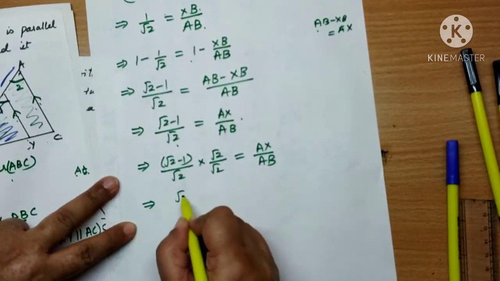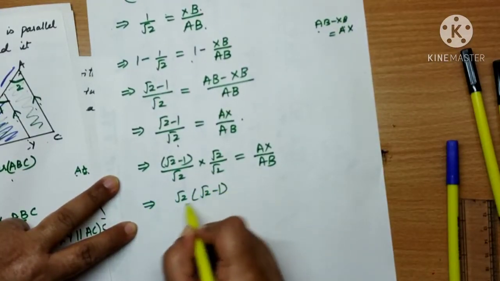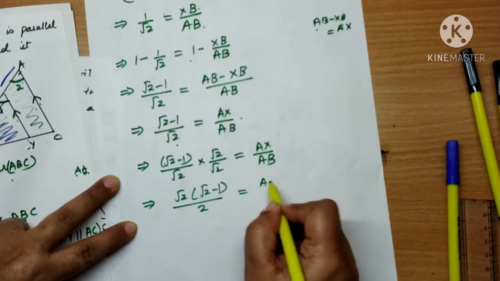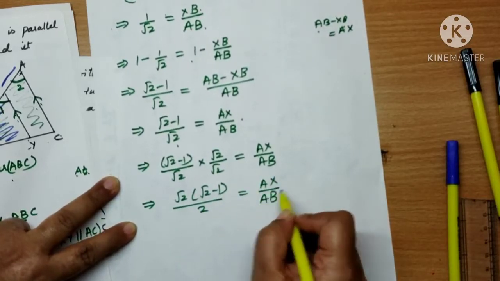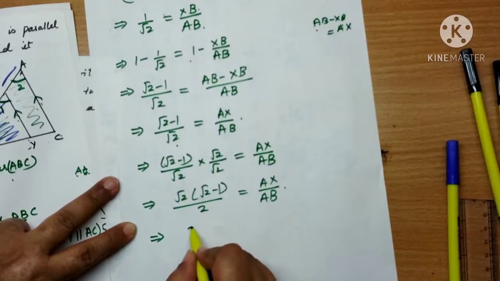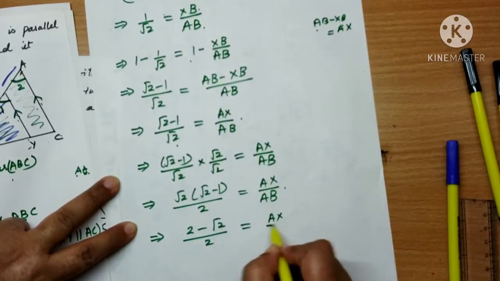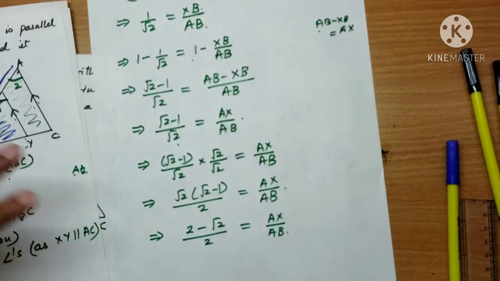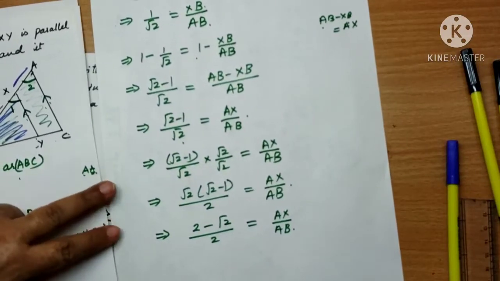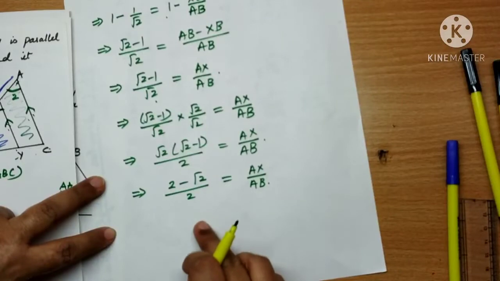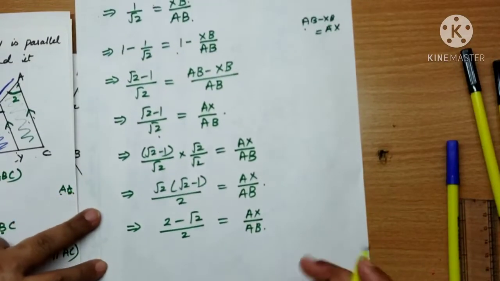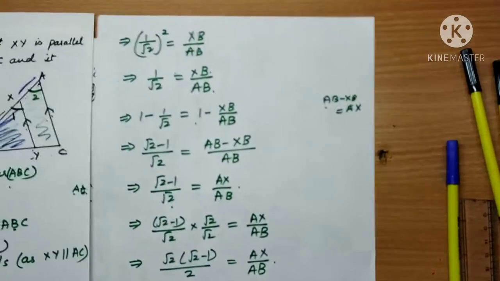So we have root 2 into root 2 minus 1 by 2 is equal to AX by AB. So I can write it as 2 minus root 2 by 2 as AX by AB. And if you want to further simplify it, you can make it 1 minus root 2 by 2, or you can leave it in this form. We leave it in this form only.